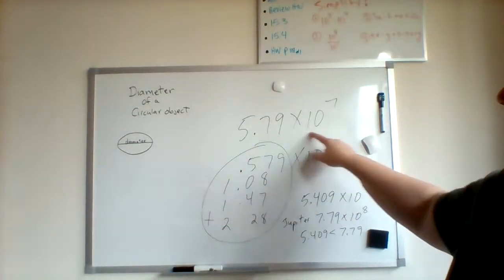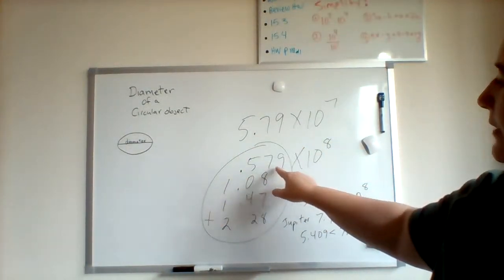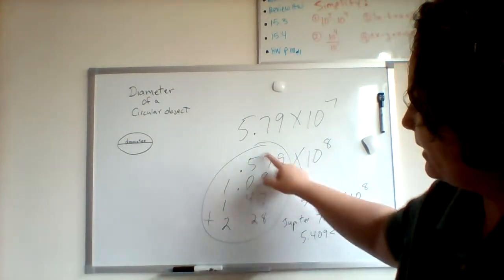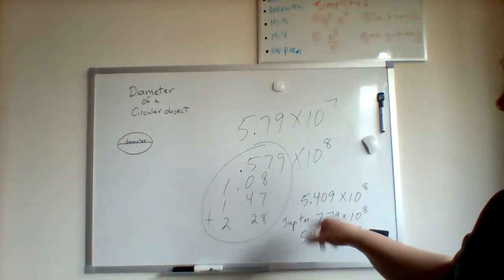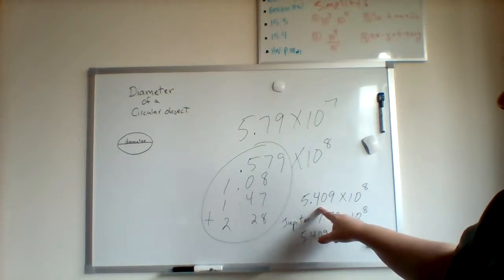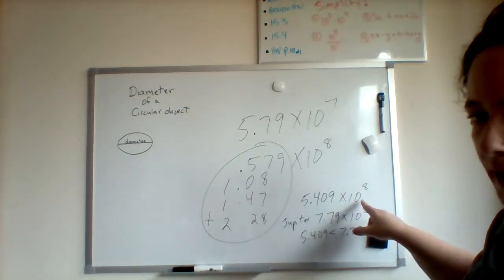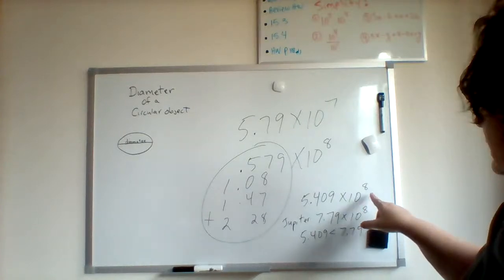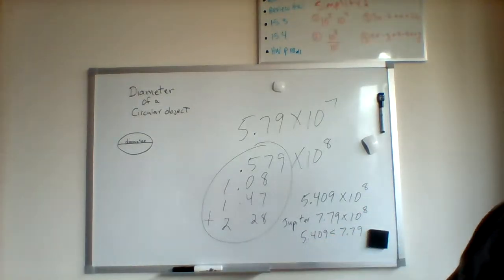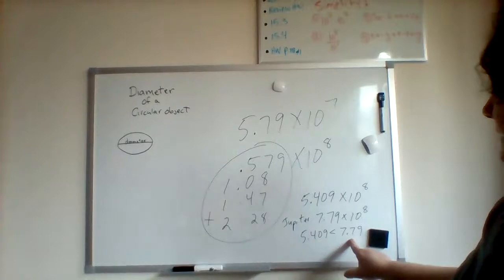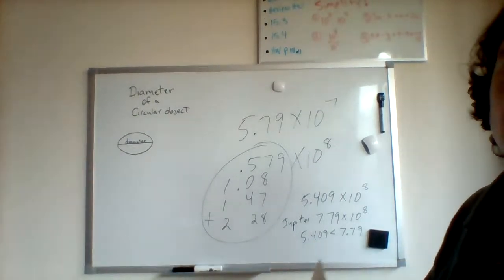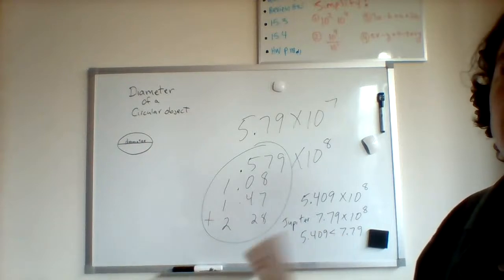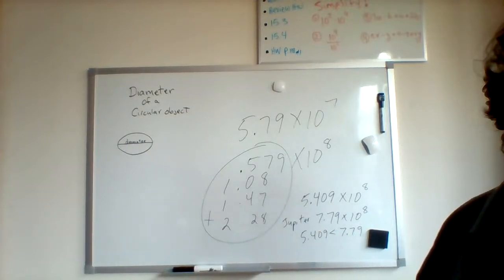So we changed Mercury to 0.579 times 10 to the 8th. That way we can add them all, and when we added them all, we got 5.409 times 10 to the 8th. And that's less than 7.79, so the answer to 1 is that no, if you add up all the distances for those planets, it is not as far as Jupiter.